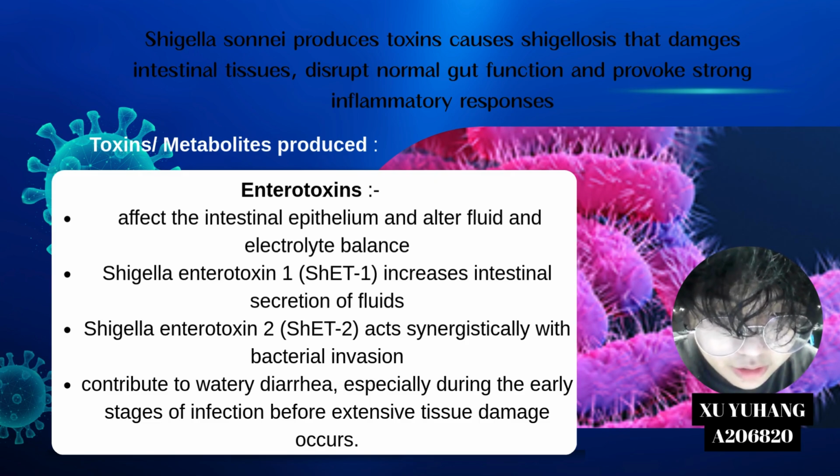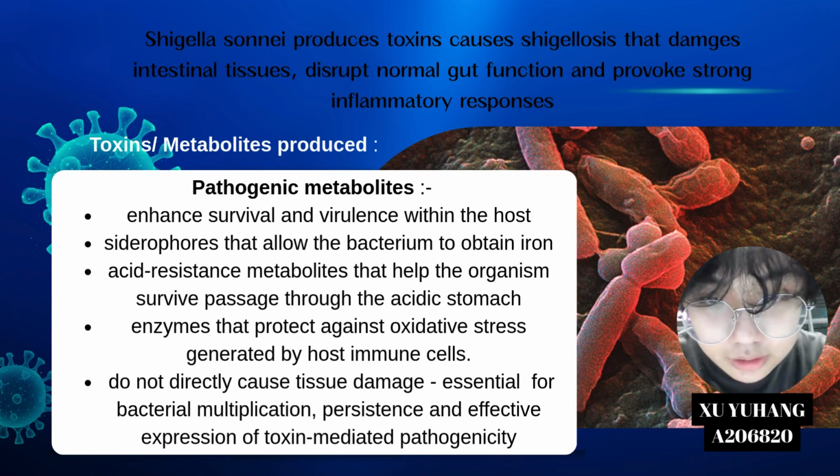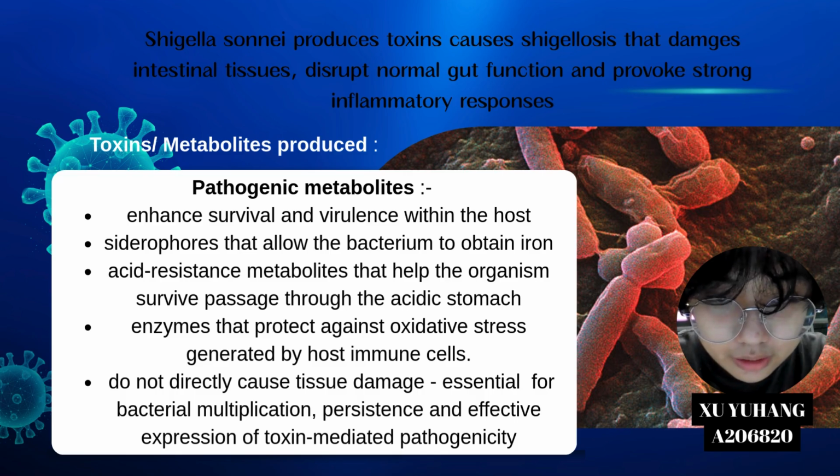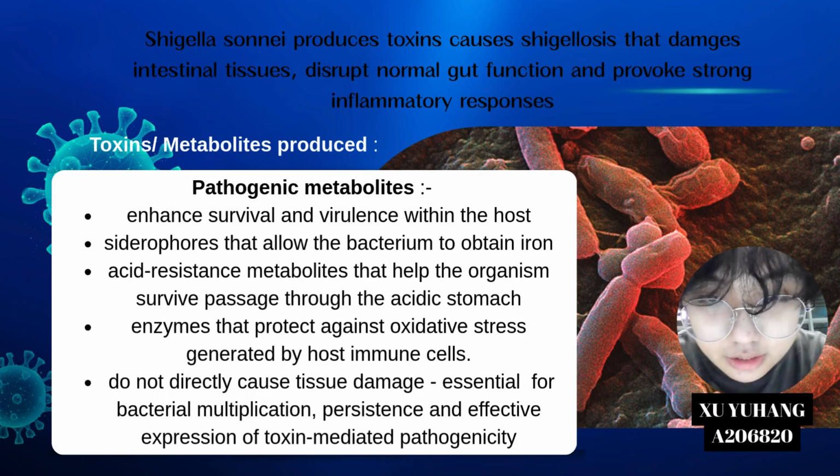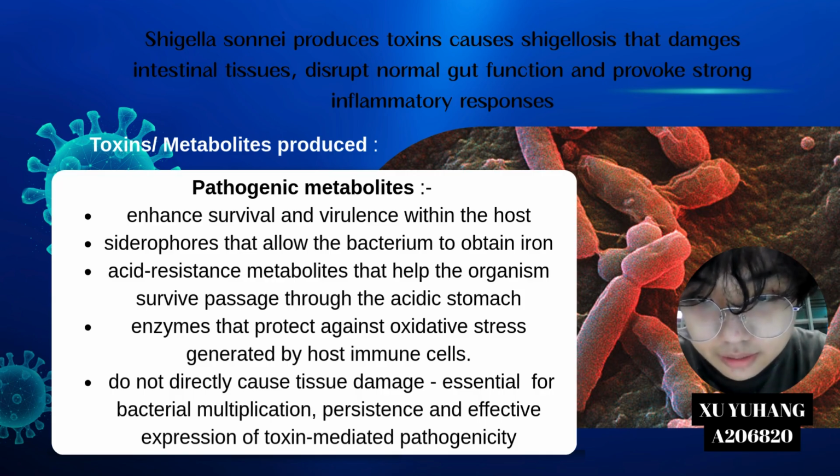The last one is pathogenic metabolites, which enhance survival and virulence within the host. Siderophores allow the bacterium to obtain iron. Acid resistance metabolites help the organism survive passage through the acidic stomach.